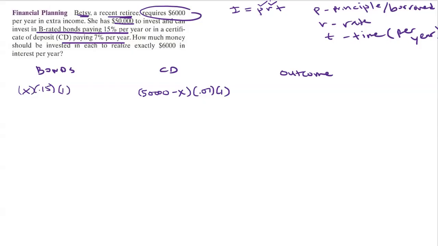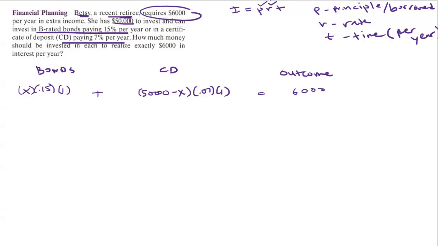And then the outcome is, again, based off of this, she wants to make an extra 6 grand. That's not a bad deal. You're putting $50,000 and you're getting a $6,000 return for just sitting there. That's a good deal. Okay. So she gets an output of $6,000. Okay. So then we add these guys together and we equal it to $6,000.